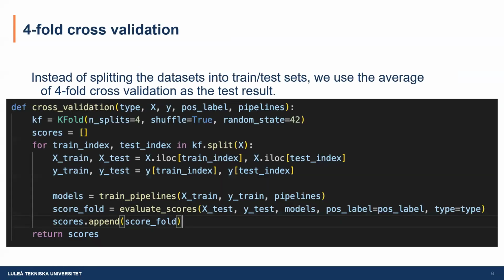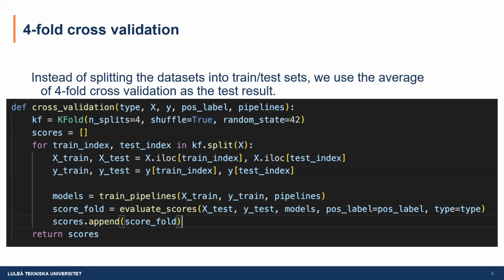Next please. Here, in order to get a more reliable performance estimate, we use K-fold cross validation instead of splitting the dataset into train and test sets. K-fold cross validation splits the data into K subsets and uses each subset as a test set while training on the remaining K minus 1 folds.